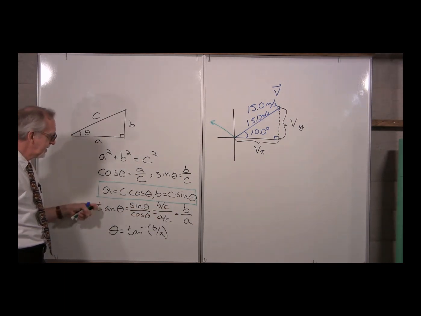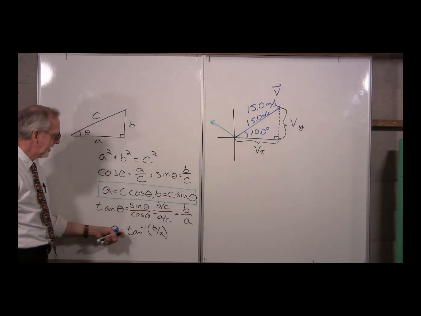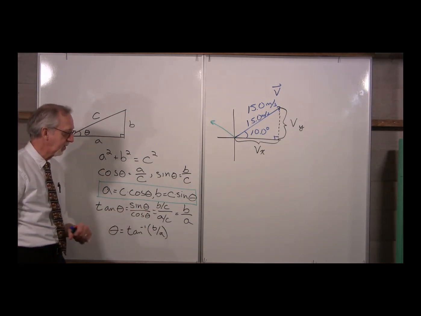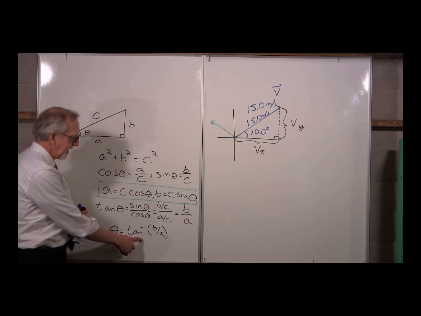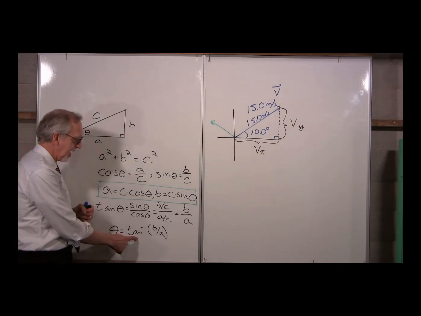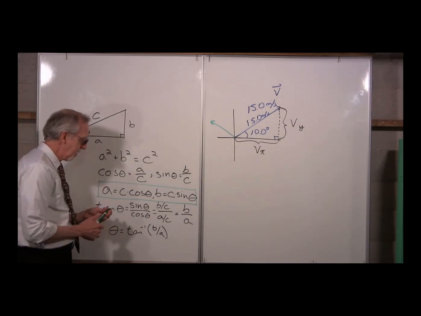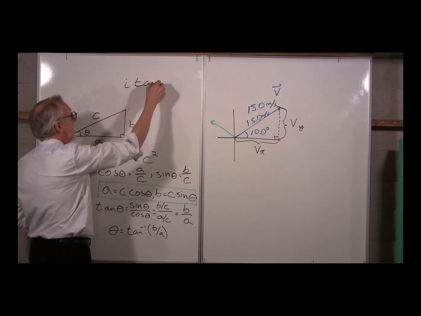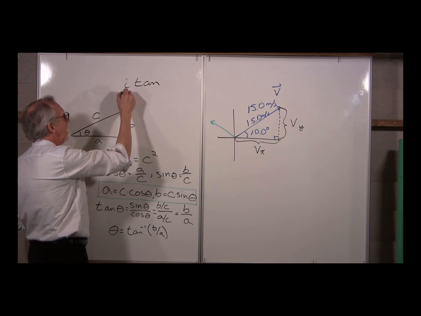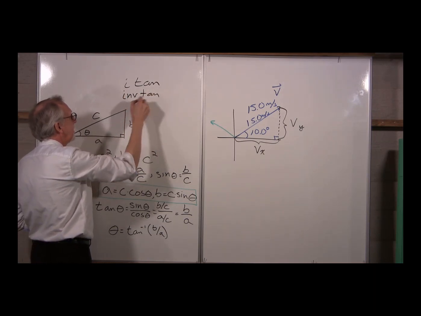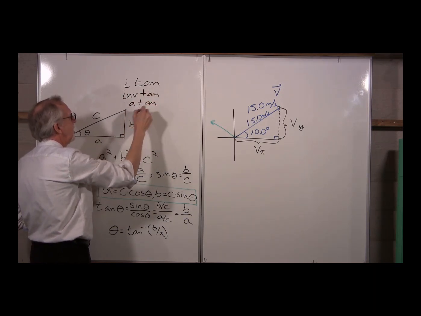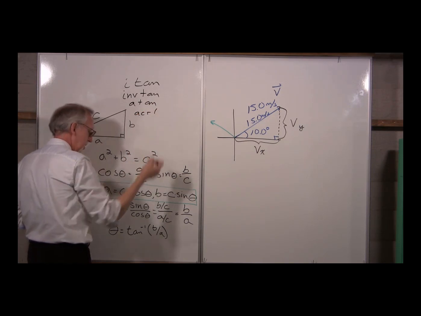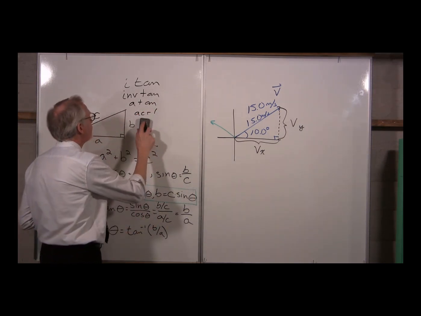Or theta, taking the inverse tan of both sides, is the inverse tan of B over A. Now on your calculator, the inverse tangent might be written as tan to the -1. It might be written as I tan for inverse tan, or INV tan, or A tan for arc tan.